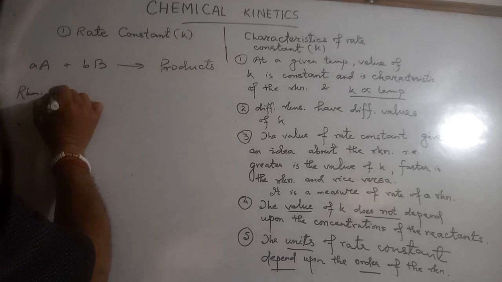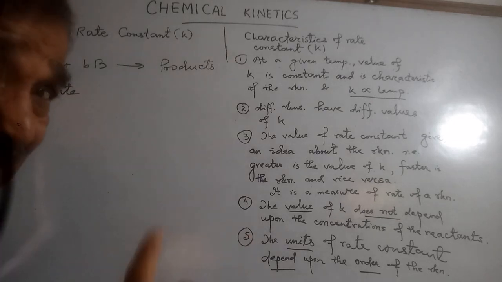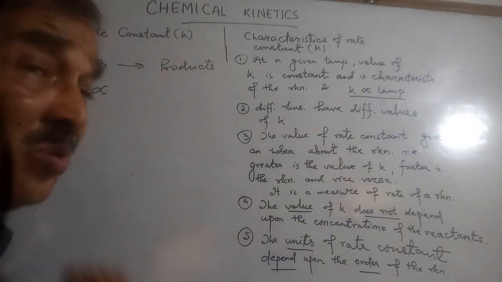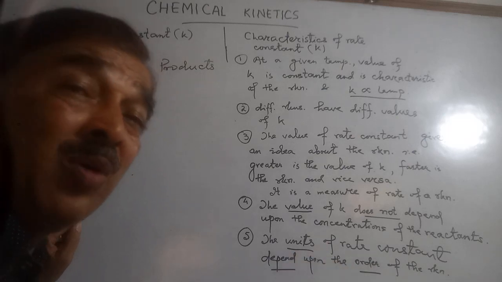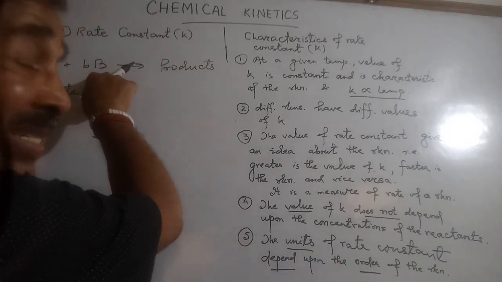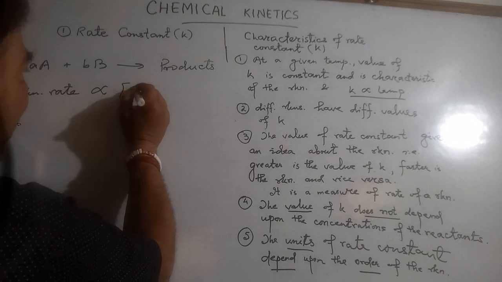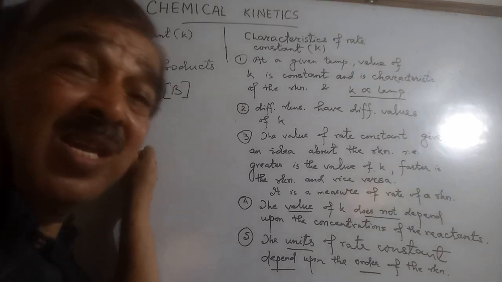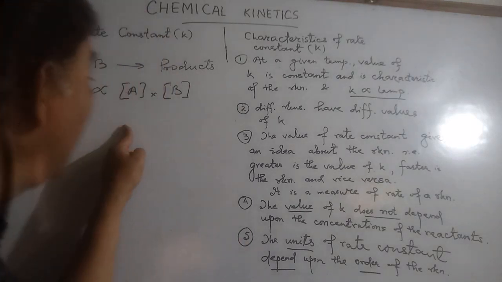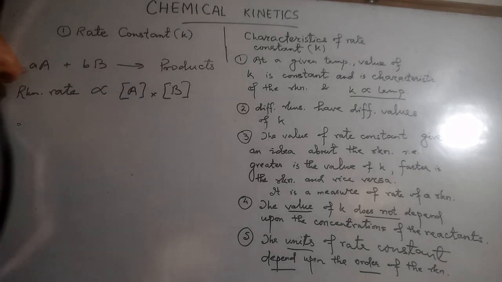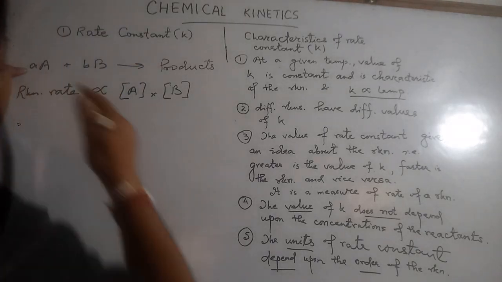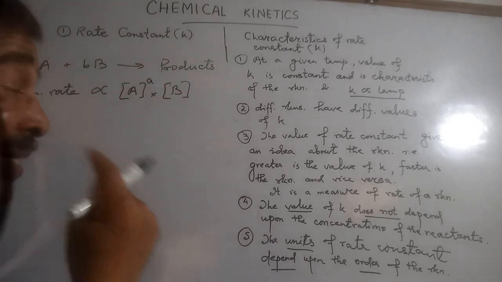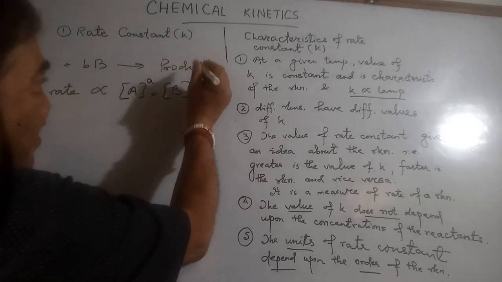the reaction rate at a particular temperature is directly proportional to the product of the molar concentrations of the reactants. So it is the molar concentration of A into the molar concentration of B, with each molar concentration term raised to a power equal to its stoichiometric coefficient as appeared in the balanced reaction equation.